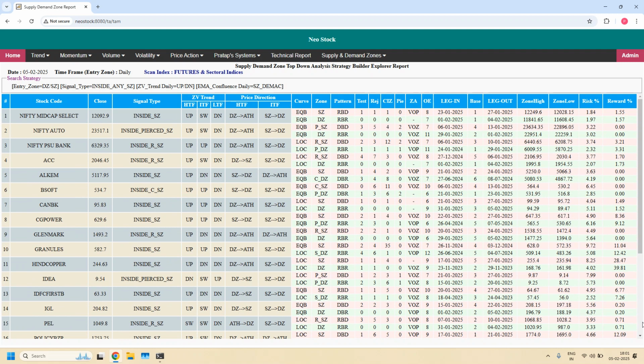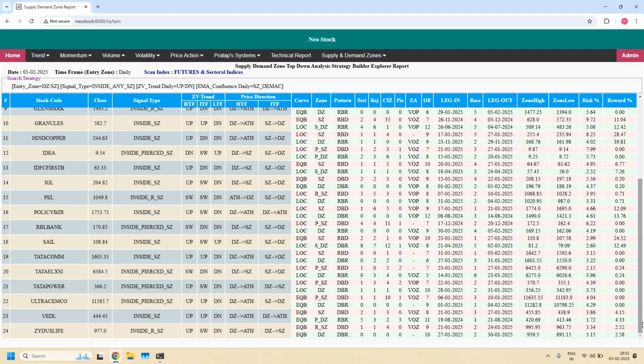Scrolling the list down. Okay, this is the complete list, and all these daily supply zones are having daily EMA Confluence, and also current price closed inside the daily supply zone. So this is about the daily time frame.